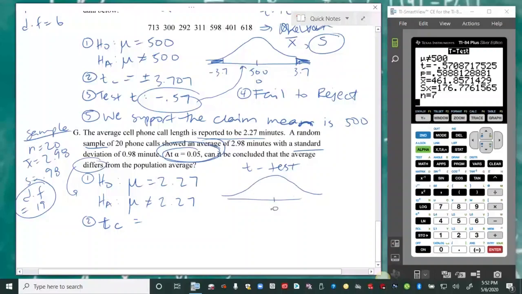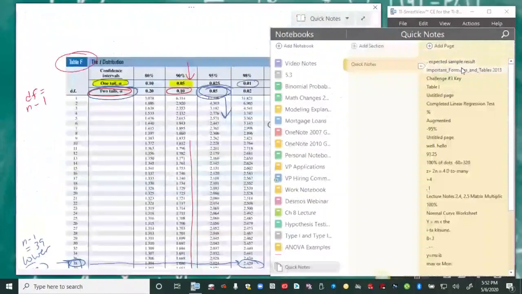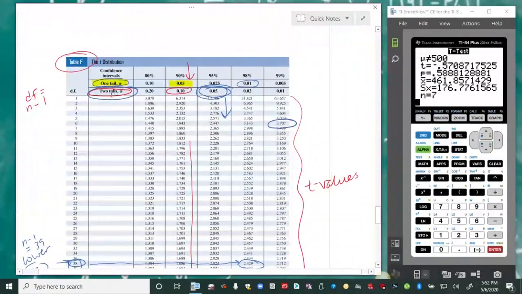My expected value has a t-score of 0. Okay, 19, 2-tail test, 0.05. So I want this bottom row here, 0.05, 19 degrees of freedom.